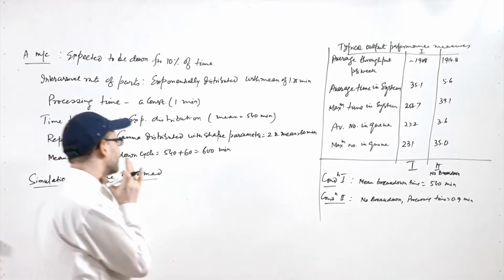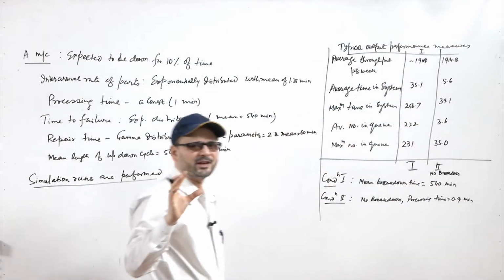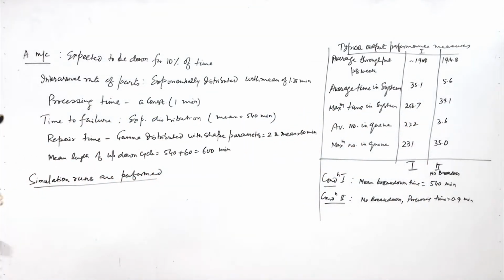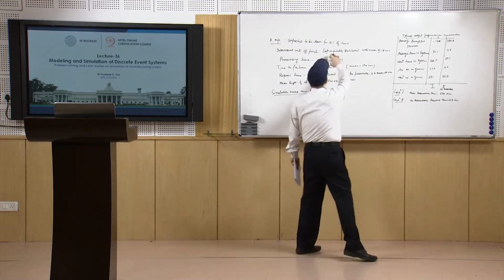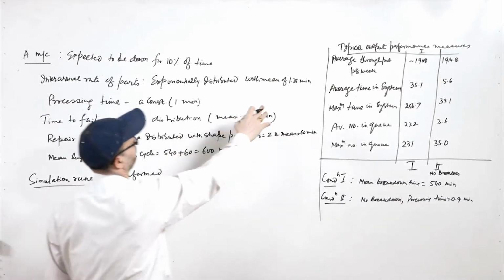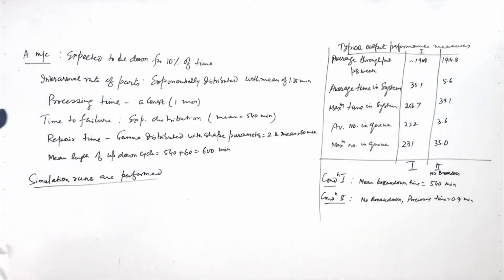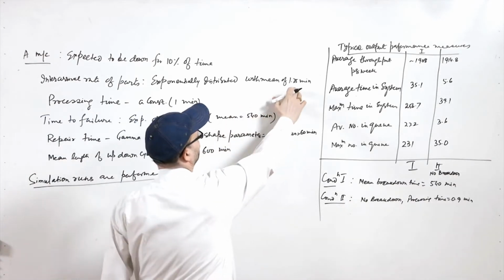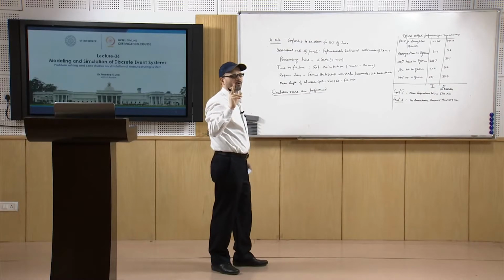In fact, since there is no breakdown, in 5 days, we have a 5-day week, and the interarrival time is 1.25. So, in an hour you get basically 48 arrivals.